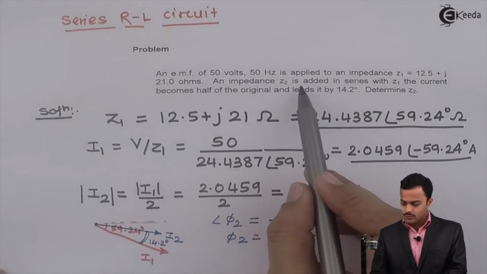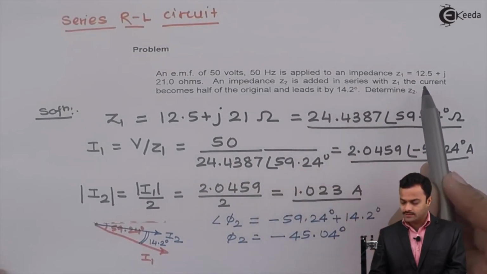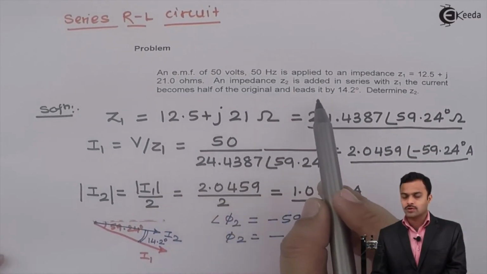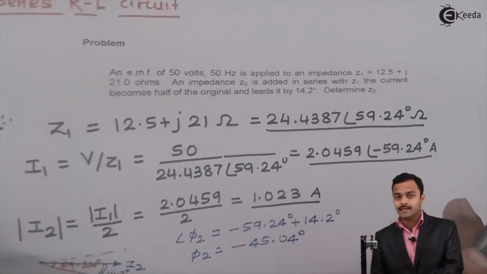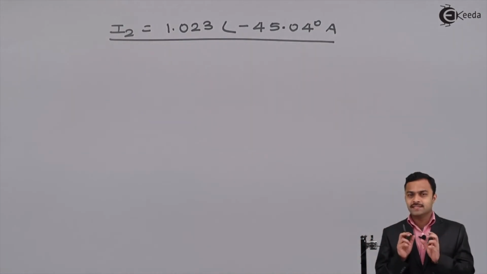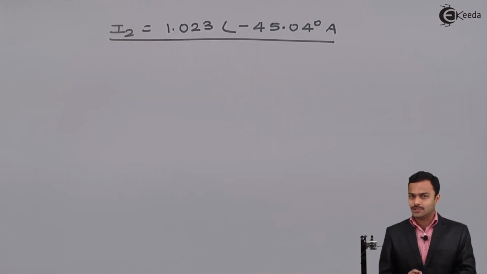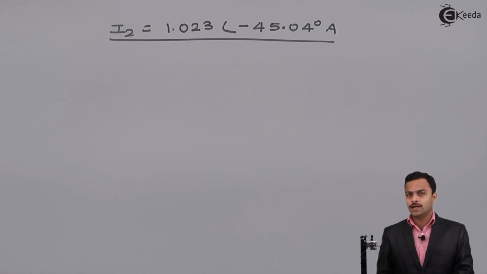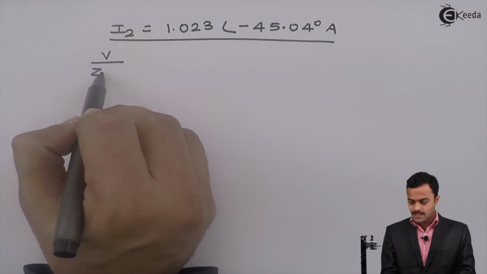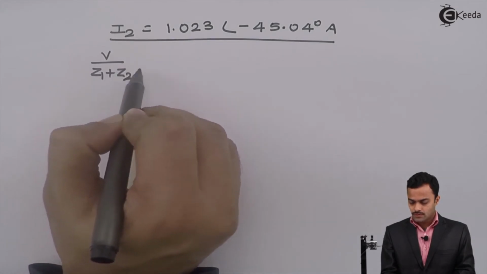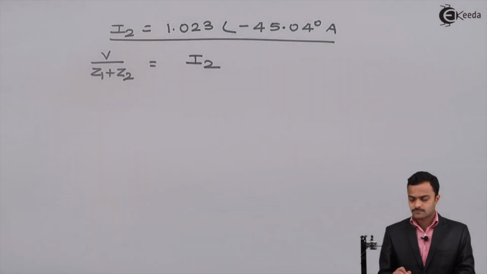An impedance Z2 is added in series with Z1, the current becomes half of the original and leads it by 14.2 degree. Meaning, if I have series combination of Z1 and Z2, then I am getting this I2. So this thing you have to keep in mind. You cannot say V upon Z2 equal to I2, but it is V upon Z1 plus Z2 equal to I2.